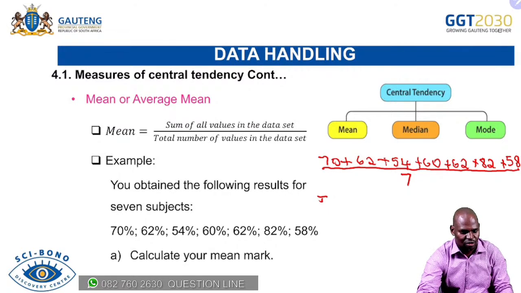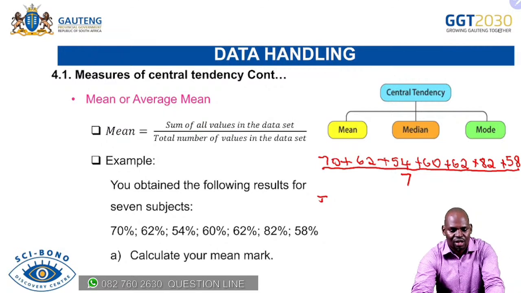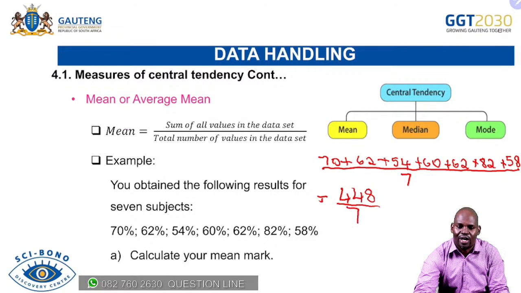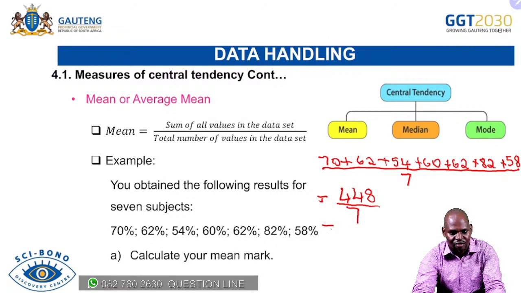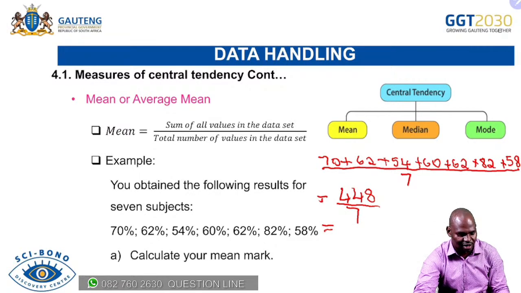Okay, so for this one, if you take your calculator, you say 70 plus 62 plus 54 plus 60 plus 62 plus 82 plus 58, and this gives us 448. So we need to indicate that 448. Then from there we say 448 divided by 7, and that will give us 64.